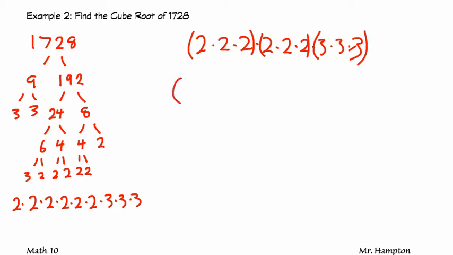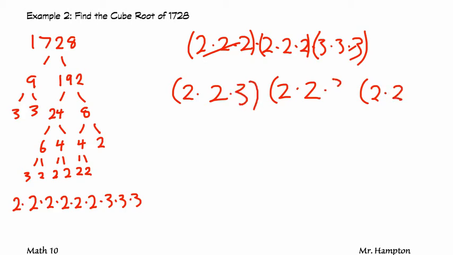Now we want to make 3 equal groups of the same factorization. So a 2 goes into each, our second 2, and a 3. Now we see each of these brackets comes down to a 12.